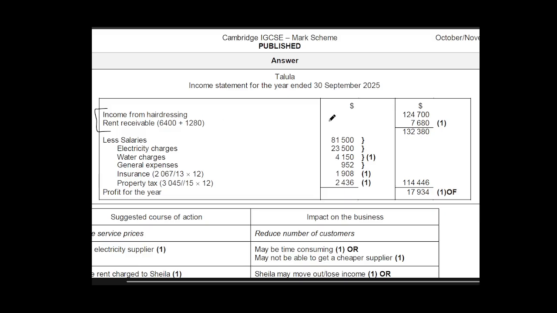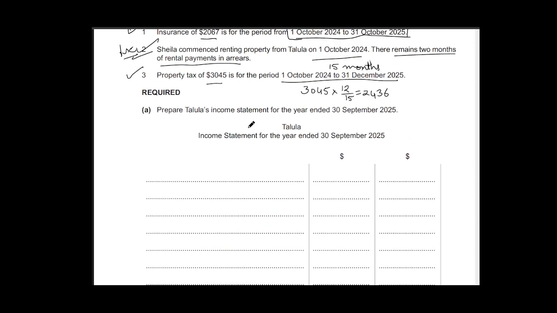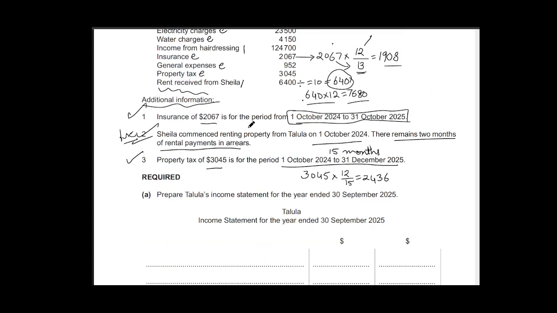Income from hairdressing is 124,700, it is given, and rent receivable is 6,400 plus 1280, which is 7,680. You can also give this calculation here that I have shown you while we were adjusting.